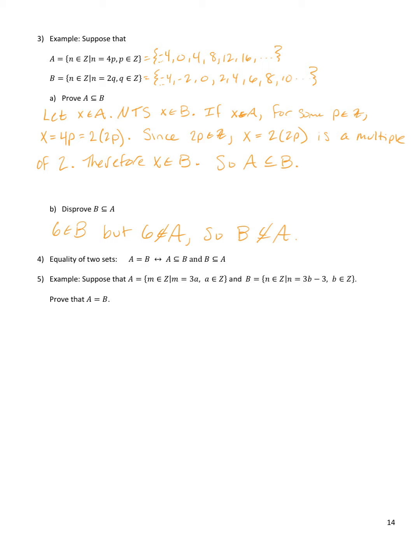So it's a two-step process. We need to prove that A is contained in B and B is contained in A. So step 1, we want to prove A is contained in B. So to do that, we let x be a random element of A, which means that x equals 3a for some a in Z. Oops, I'm going to do a little a.